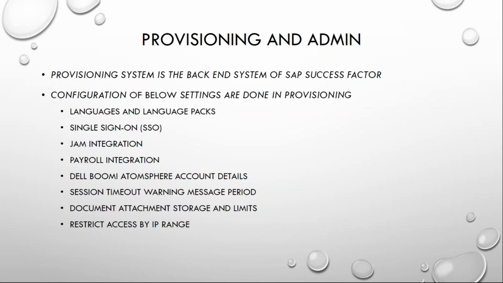In provisioning, basically two levels of backend. Provisioning is for activating the modules and the business functions for the system to be opened up in the admin center. Admin center is the place where you will be doing all the configurations. I'll say 95% of the configurations you will be working on in the admin center.